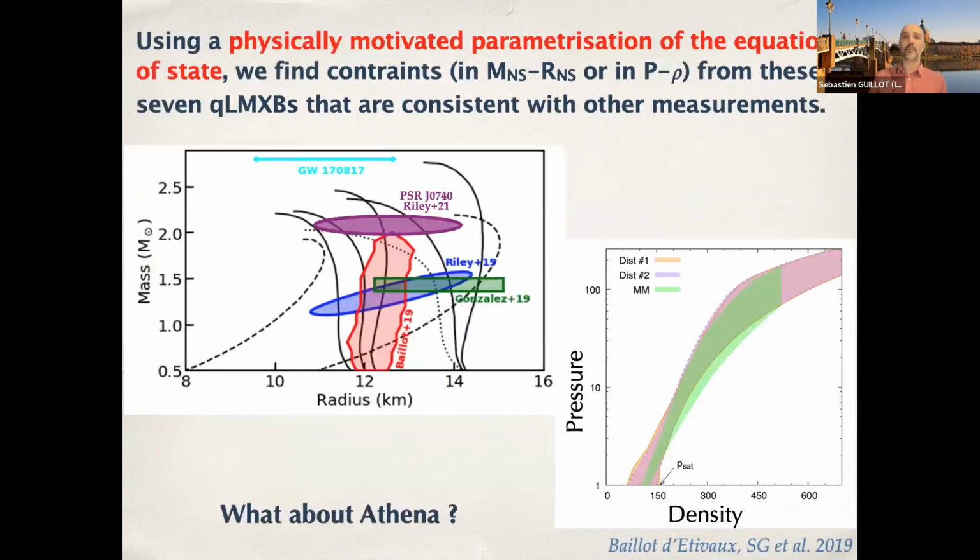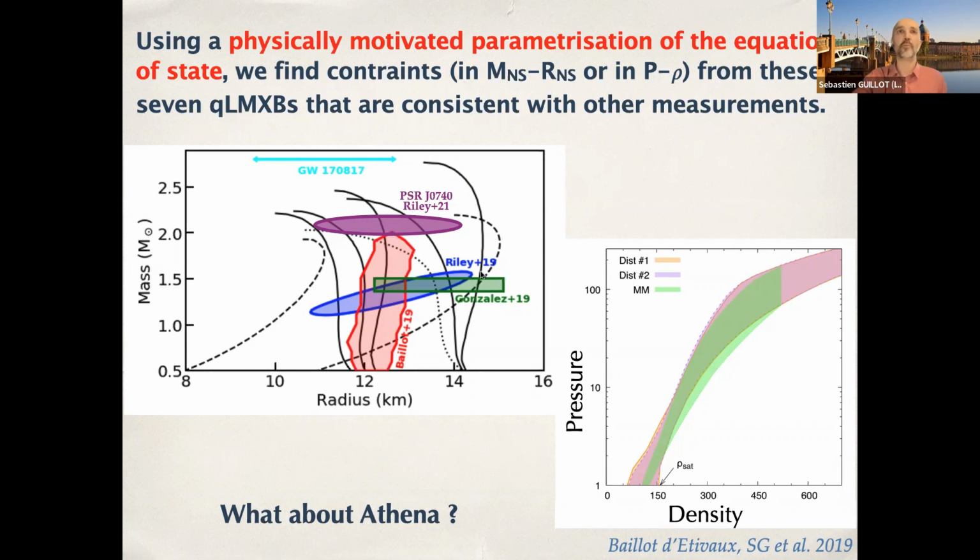So this is some work that we have done with Nathalie Webb and Jérôme Margueron and a PhD student, Nicolas Bayot, where we use those seven quiescent low-mass X-ray binaries and a physically motivated, parameterized model of the equation of state, and we try to see which set of parameters of this equation of state was giving the best fit to all of our constraints.